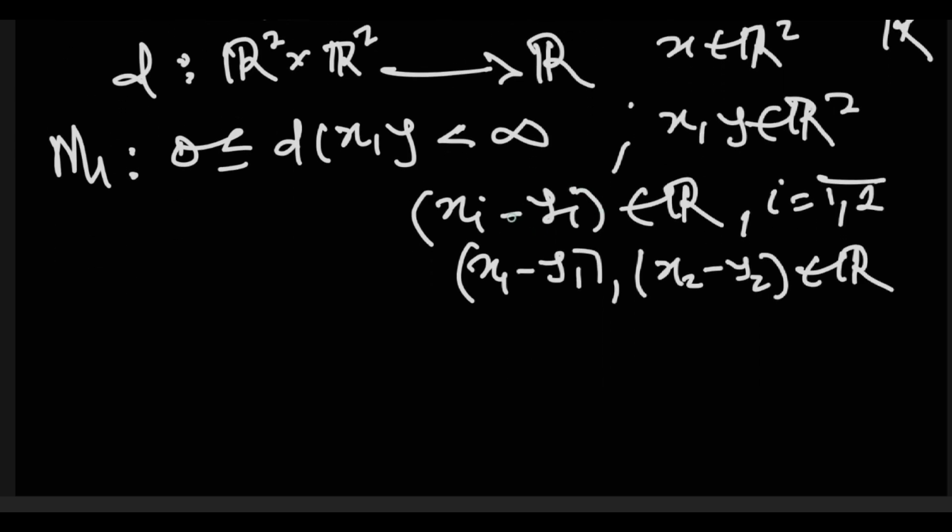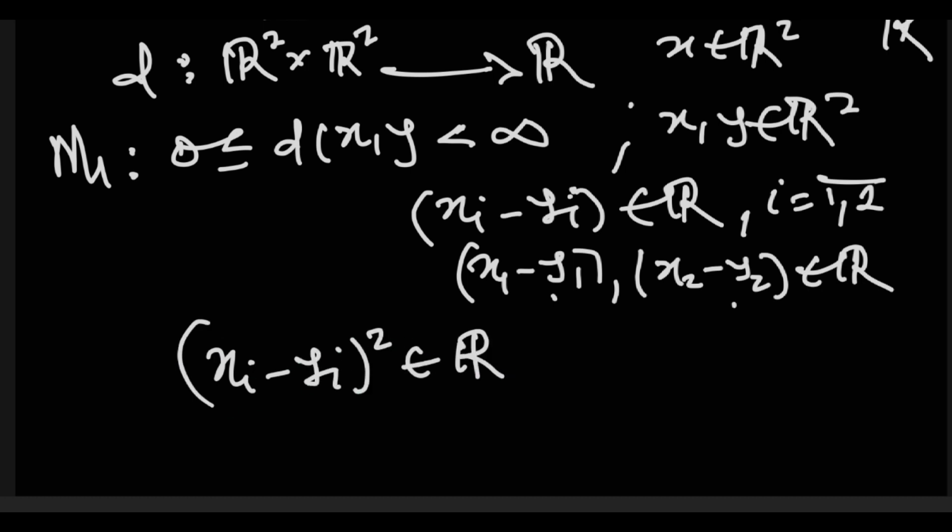So then when we square these, remember, each of these is in real. So when you square this, xi minus yi squared will also be in real, because xi and yi are finite numbers, they are not infinity. So when you square them, they will also be a real number.